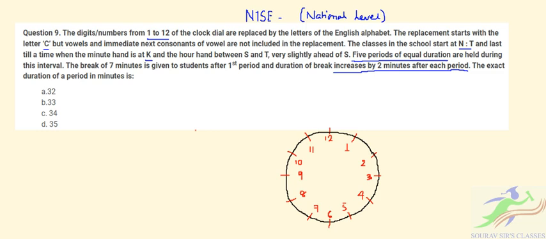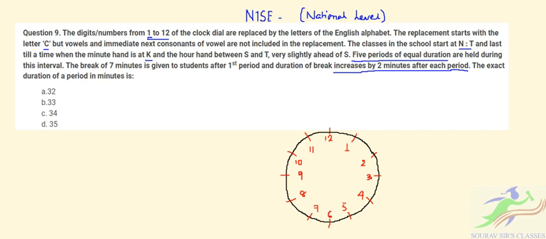It is saying that the class in the school starts at NT. So now we have to do the numbering. It is starting from C. The digits and numbers from 1 to 12 of the clock dial are replaced by the letters of the English alphabet.